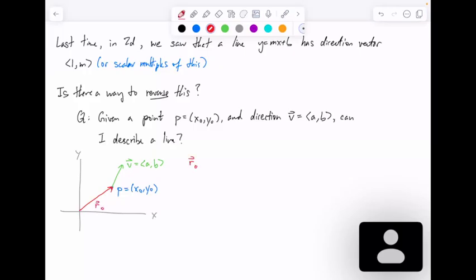So R0 is the position vector of P. So it has components x naught, y naught.